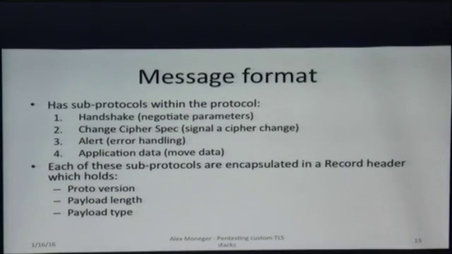All right, so the message format. TLS, roughly, is actually a collection of sub-protocols. So you're going to have the handshake protocol, which is in charge of negotiating the parameters, in short, of deriving the key material, of having extensions and all these kinds of things. You've got the change cipher spec, which isn't really a protocol, it's just a byte.